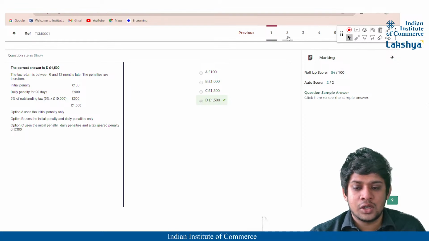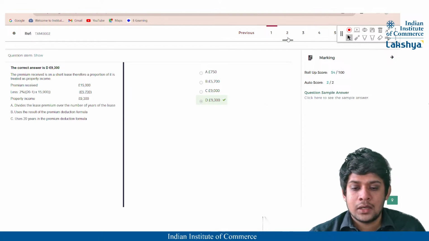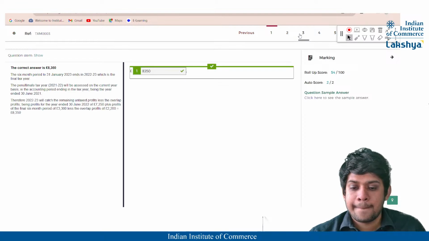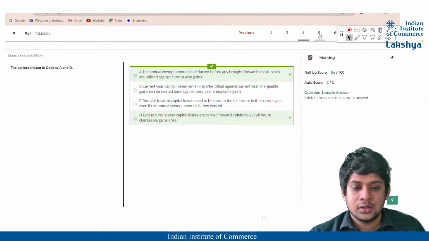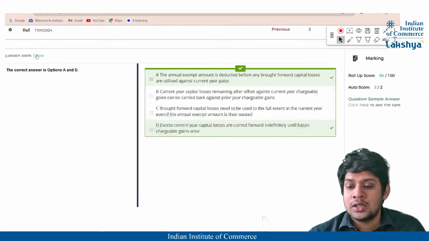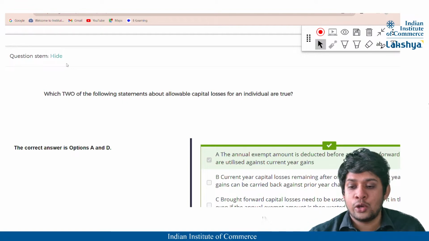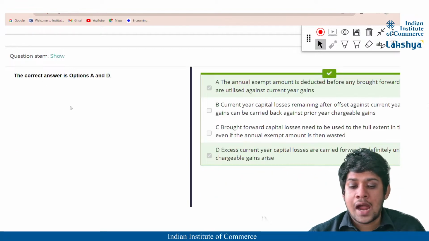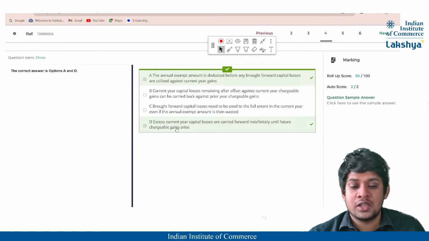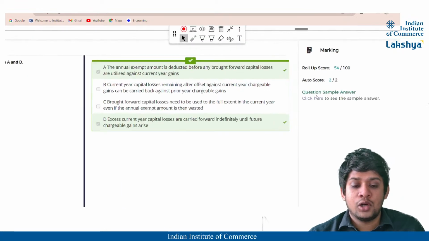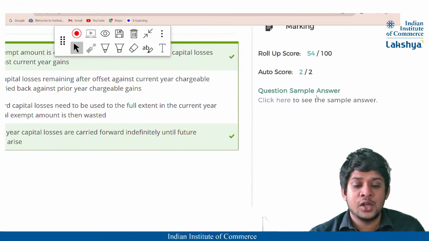Maybe somewhere we have not stated the amount correctly. Let us check where it is. Everything is right here. So you can just check, guys. If you want to see through the question, there is an option here. If you show the question, it will show you the question that was asked, and it will show you the correct option. If you want to check the answer, on the right-hand side you have the option for the sample answer.